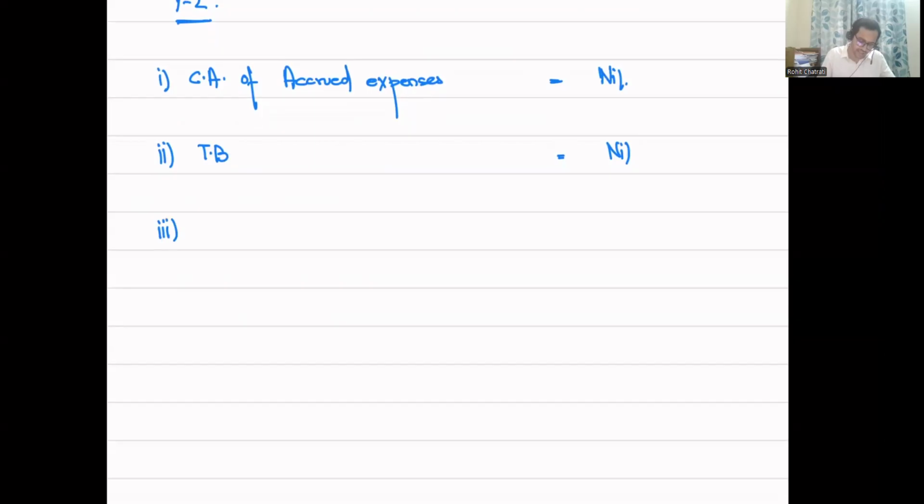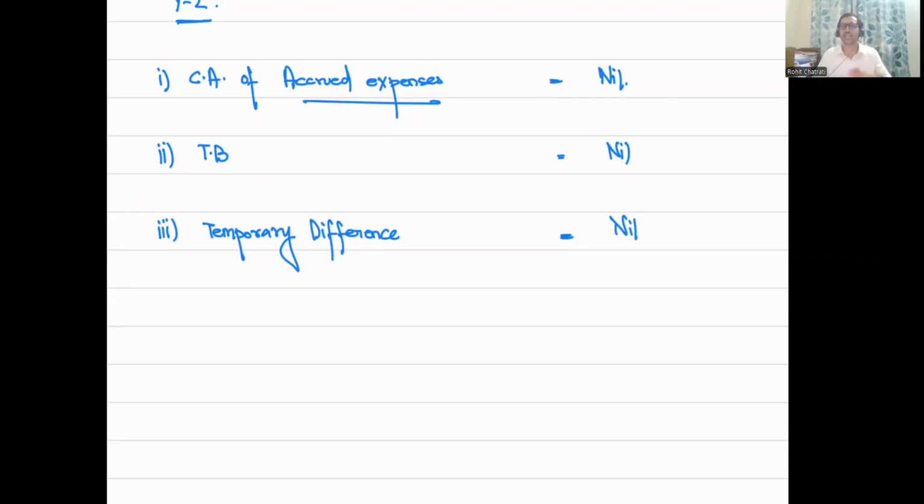Third step is calculating the temporary difference, which is going to be equal to carrying amount minus tax base, which is also going to be equal to 0. In case of a liability, if the temporary difference is positive, I told you that it represents the amount that will be allowed as a deduction in future.